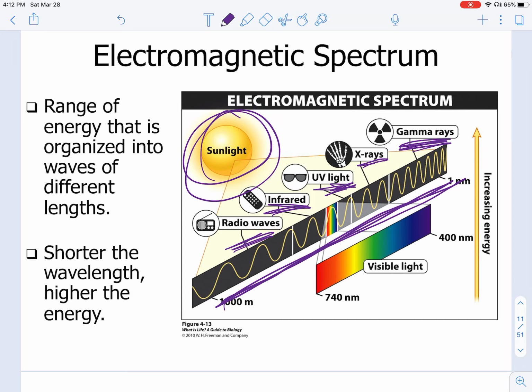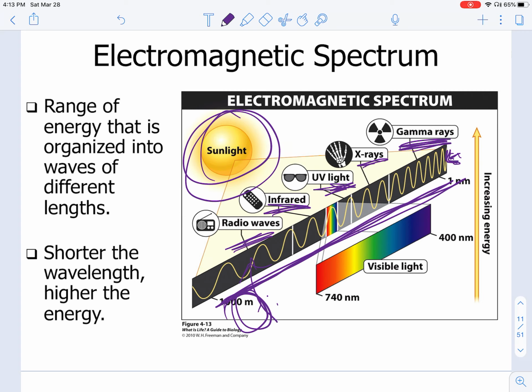So there's a relationship between the wavelength of the light and the energy. The longer the wavelength, the lower the energy. So radio waves don't have a lot of energy, but these shorter wavelength guys do.